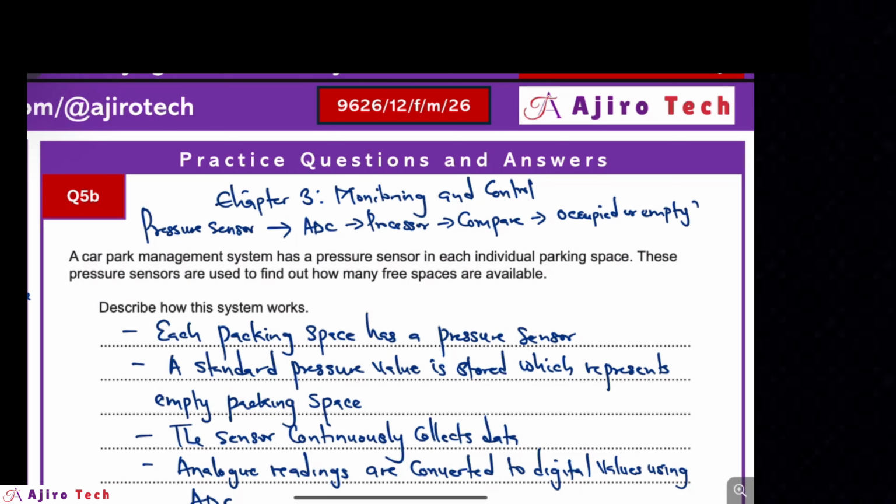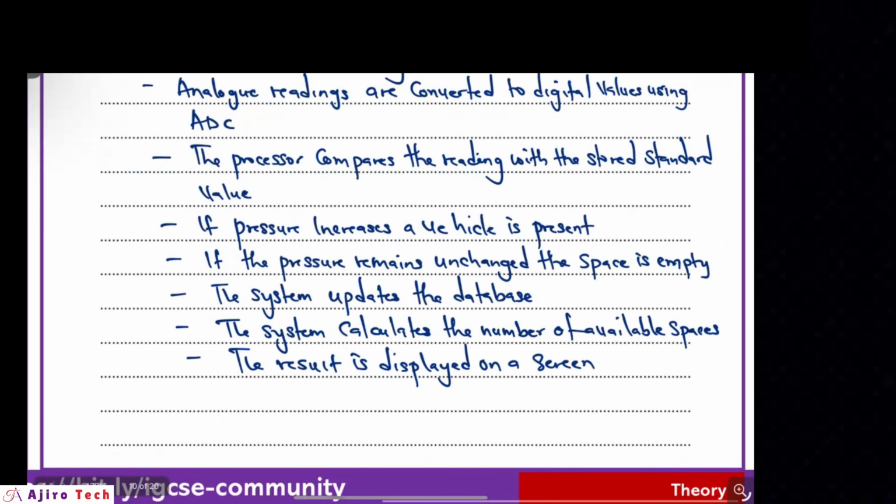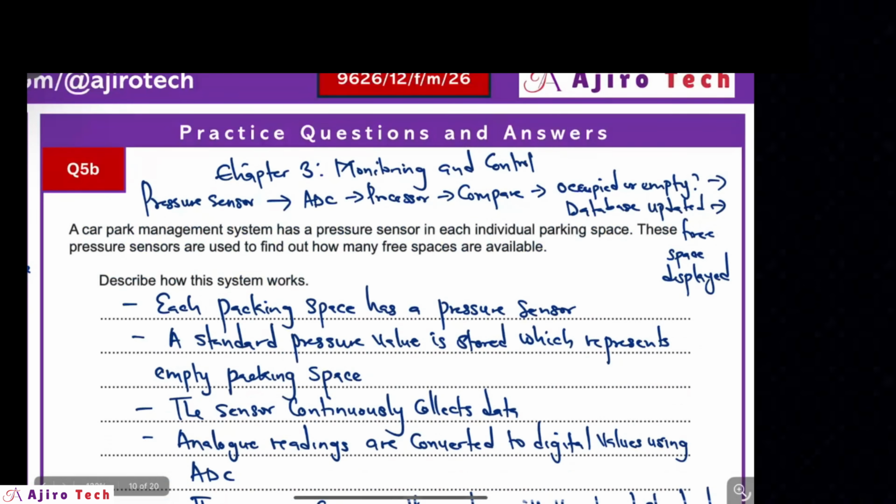Then we have the database updates. Database updated. And then the final one is free space displayed. So you can now tweak it to other sensors as you want. That's just how it works, really. Okay. All right.